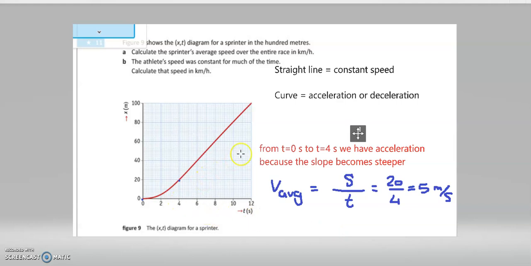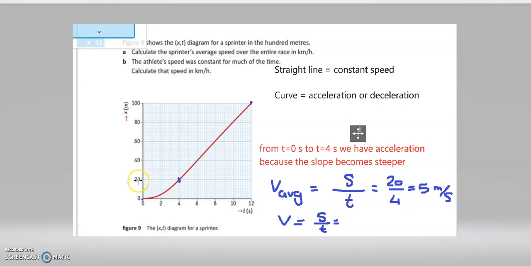From 4 to 12 seconds, we have a constant speed. So in this part of the journey, the average speed is equal to the actual speed because the speed is not changing, the speed is constant. We can use the same formula, distance divided by time. And then we have from this point to that point, the total.